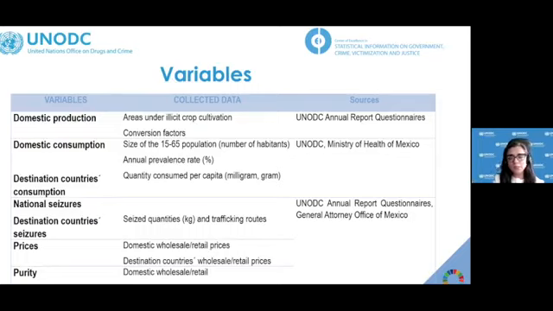It is very important to understand again how the market works. In this case, Mexico plays different roles in this market. So the first step was to really understand the role of the country, the substances that are part of this market of drug trafficking, and also understand the flows.